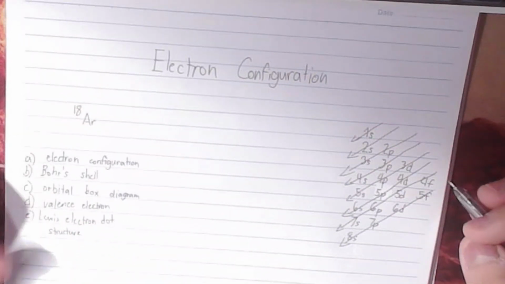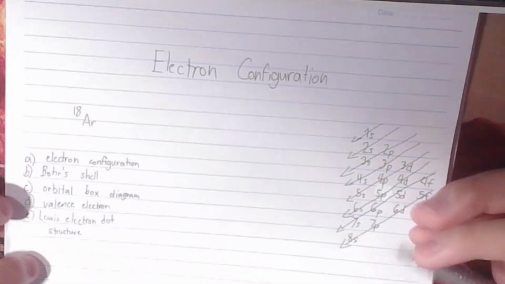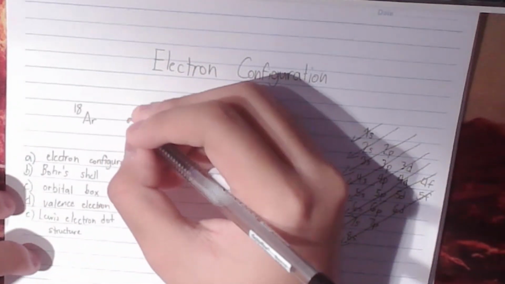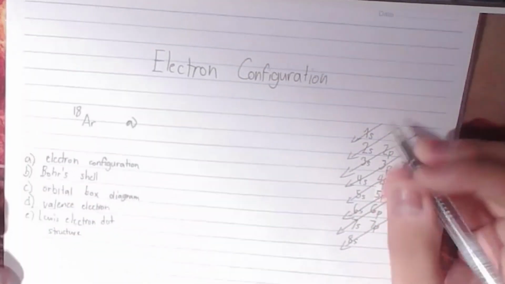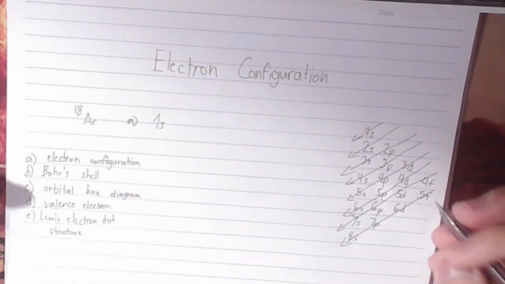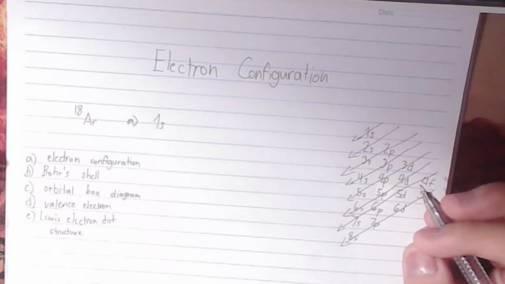So with this basic rule applied, let's now try to write the electron configuration of argon. As always, we start with the first, which is 1s, and what is the most amount of electrons in an s sublevel? 2.